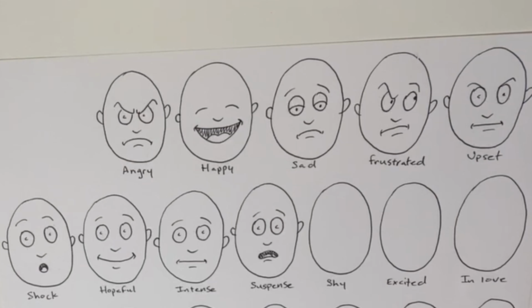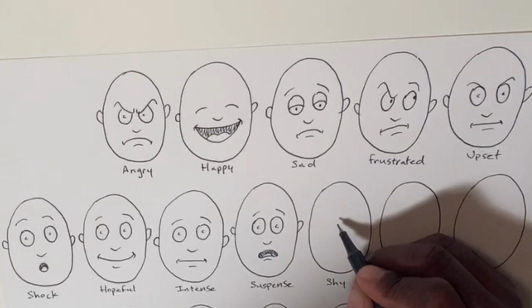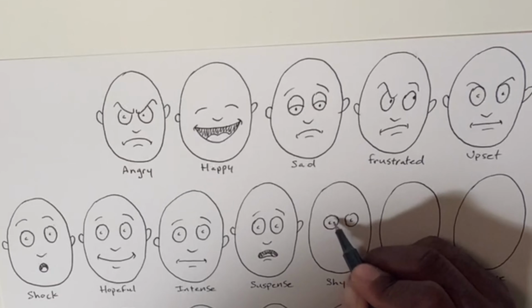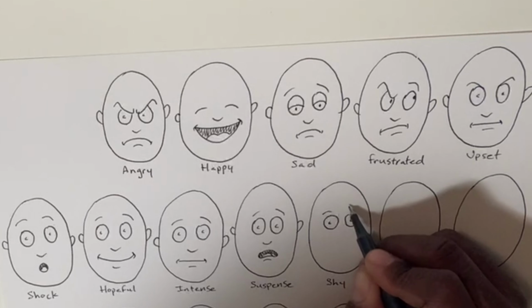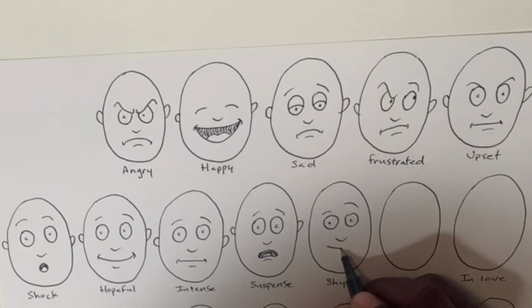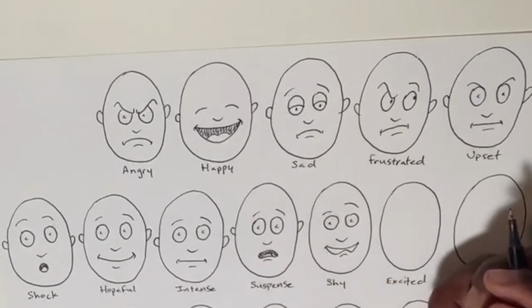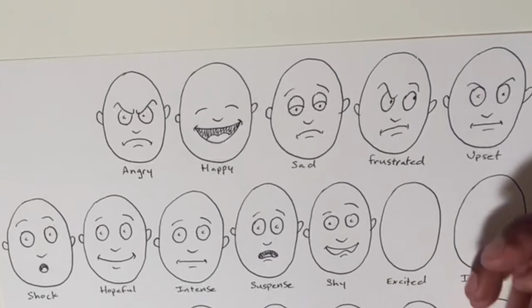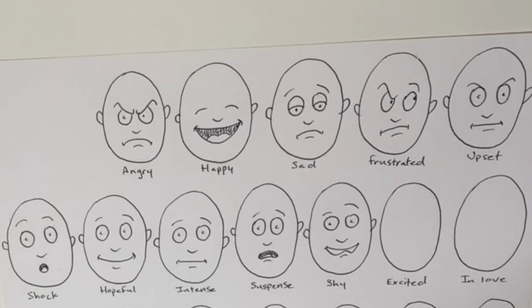Get the ovals in there. One eyebrow a little lower. Got an awkward smile there, kind of like you're biting your bottom lip. Usually when you're shy, there's some awkwardness to it.